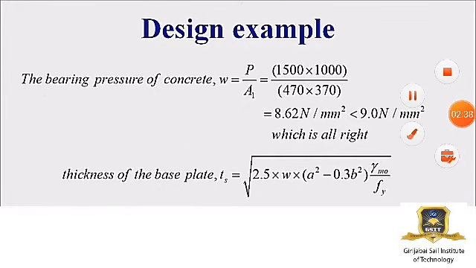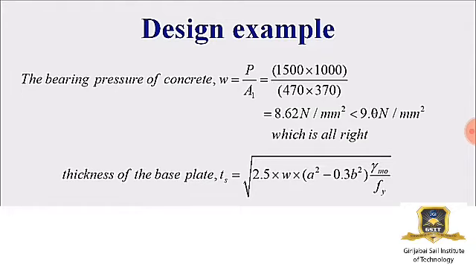Now the bearing pressure of the concrete is determined by W is equal to P by A1, which is equal to 1500 into 1000 divided by 470 into 370, that is actual area. Now the value comes out to be 8.62 Newton per mm square, which is less than 9 Newton per mm square, which is okay. What is 9?